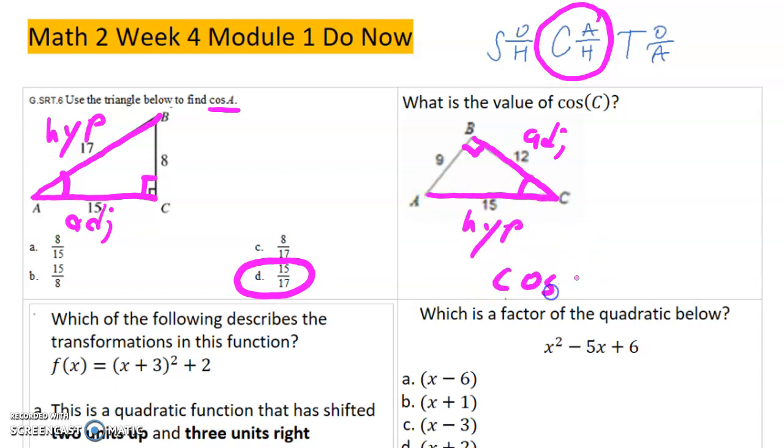So cosine of C would in this case be equal to 12 over 15. I look at that and I recognize that I could rewrite that as 4 over 5.